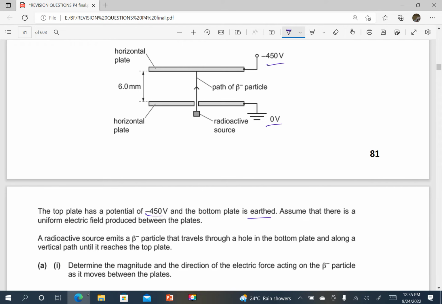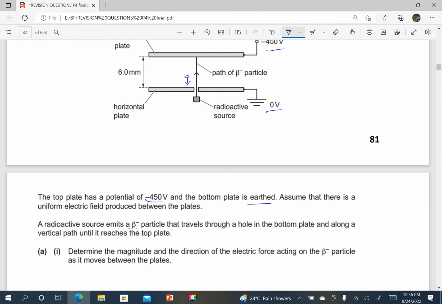A radioactive source emits beta minus. If it emits beta minus, chances are high that the force on the beta minus particle is downwards. They are actually being slowed down, because negatively charged particles experience a force in the opposite direction to the field.